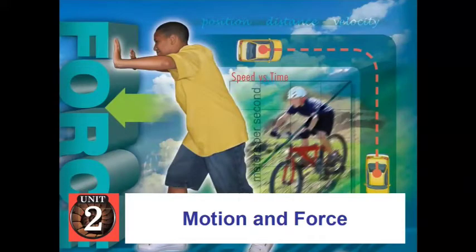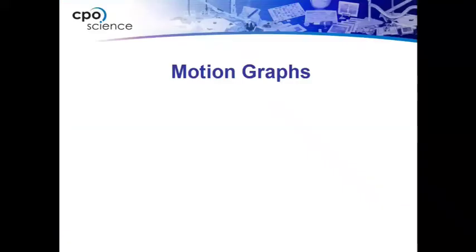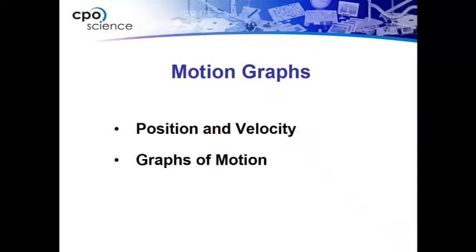When you push, there's a force, there's a motion. Bakit may motion? Once you push a body, that body will move, preferably. So here, we will study position and velocity, graphs of motion, acceleration.